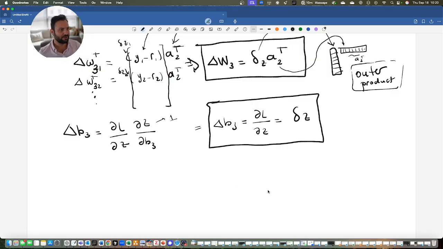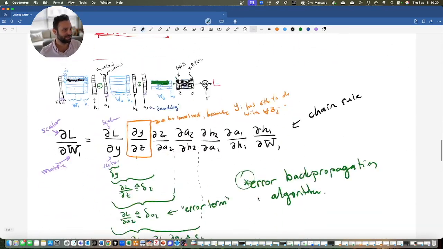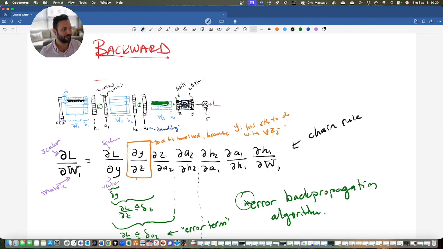Next, we will move on one layer. From here, we were able to propagate the error all the way to the blue ones, meaning the trainable parameters. But now I have to jump to A2, such that I know how to update my layers that are not directly touching the error.